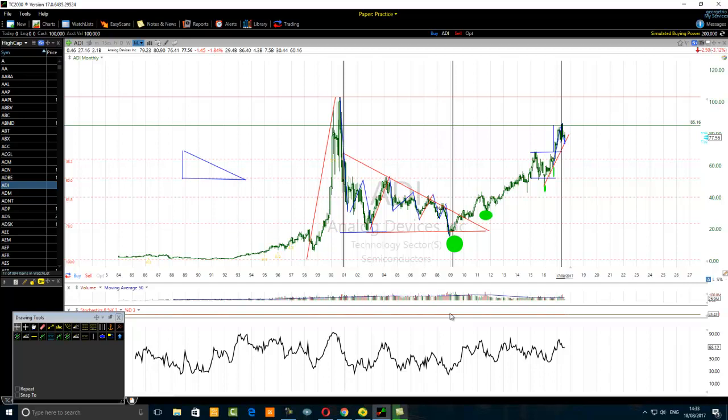Whenever we hear the word pattern, we must think of what? Location. Where does the pattern form? That's essential. Any pattern, Fibonacci pattern, Elliott pattern, triangle pattern, you want to know where the pattern forms. Very, very important.